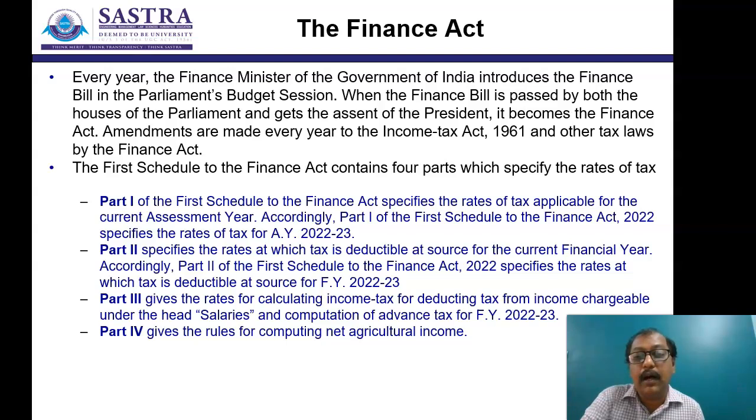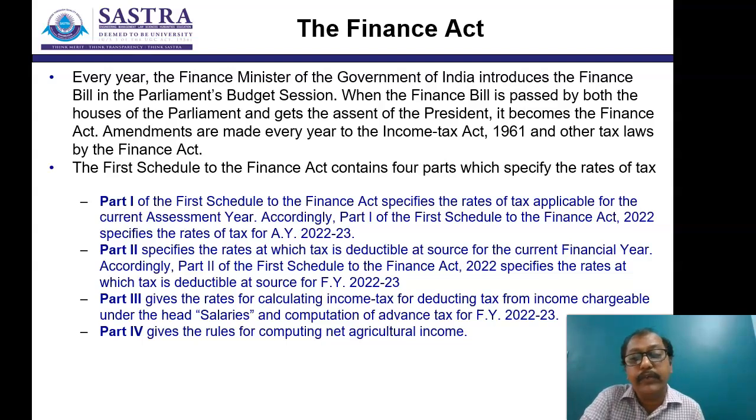So amendments are made every year in the Income Tax Act 1961 and other tax laws by the Finance Act. Whatever changes are happening on a year-on-year basis, all these things are because of the changes proposed in the Finance Act.